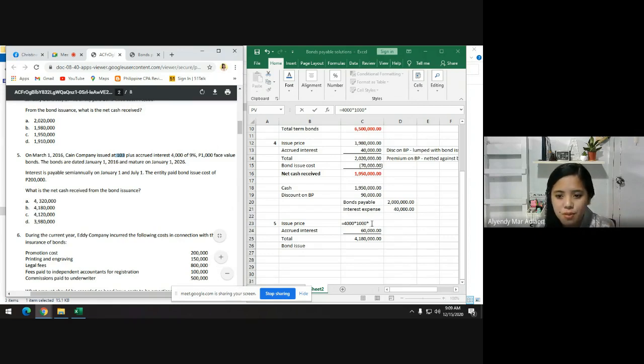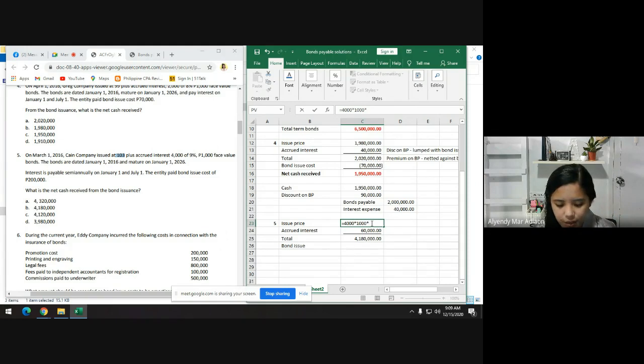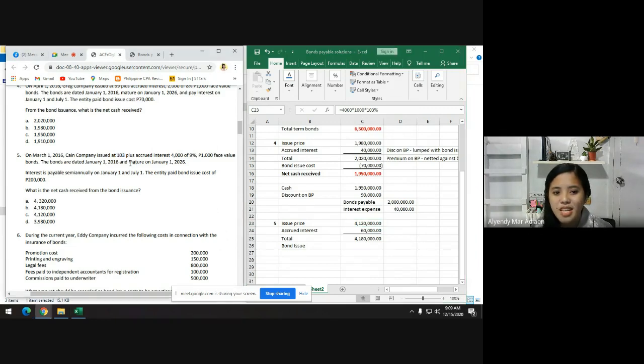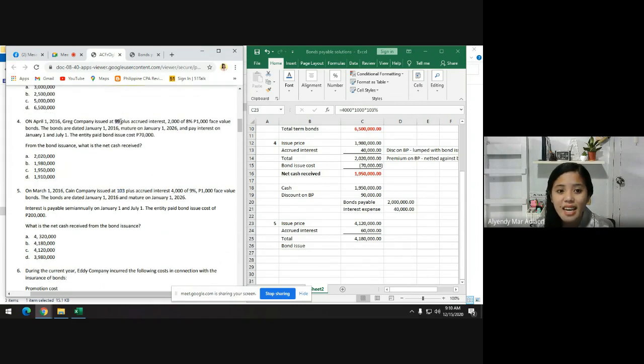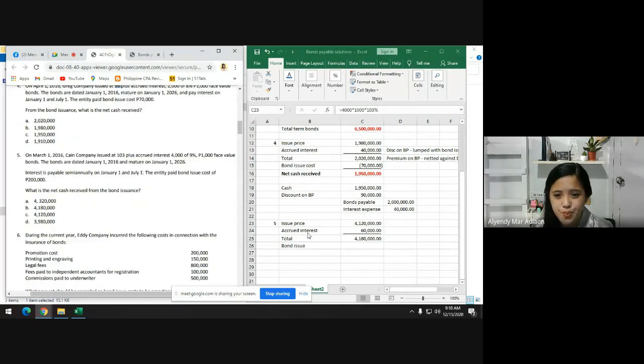So that's why 4 million times 103%. So we get 4,120,000. Okay, so pasabot aniha 103% of its face value. Kaganiha 99, so 99% of its face value.